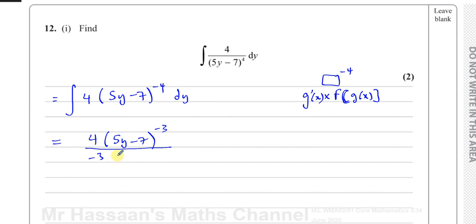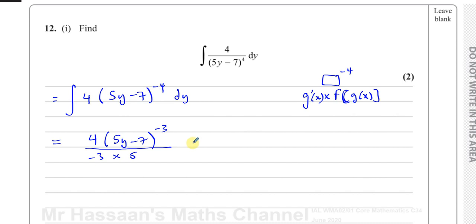Then I also have to, because we're using the reverse of the chain rule, divide by the differential of what's inside the function. What's the differential of 5y minus 7? If I differentiate 5y minus 7 with respect to y, I get 5.